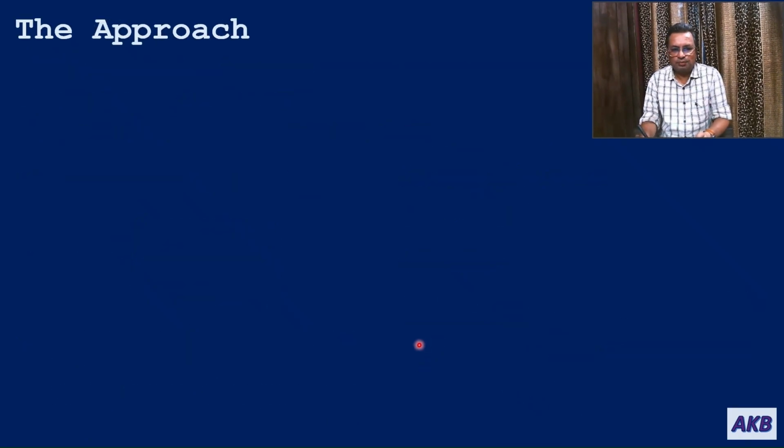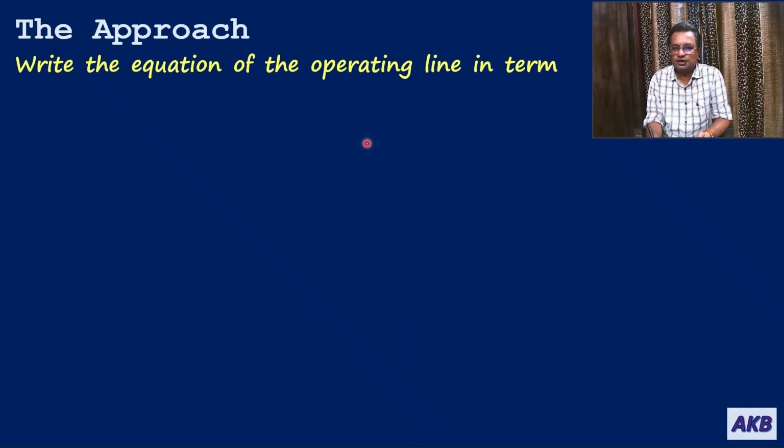Now what would be the approach for solving this numerical? First, we are going to write the equation of the operating line in terms of C and X. In my discussion on multistage counter current operation, I had derived the equation, but that was in terms of capital Y and capital X. In this case, capital X you can use as it is, but C you have to bring into the equation of the operating line.